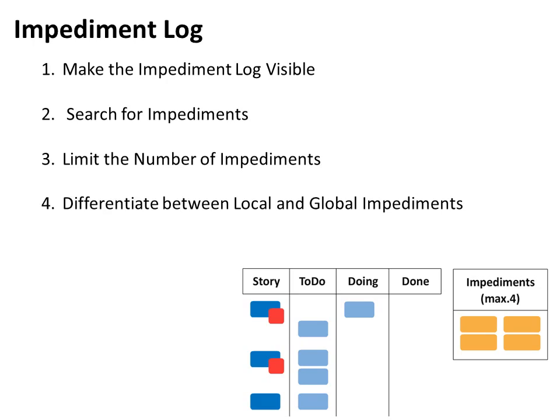Also define the difference between local and global impediments, and help the team resolve impediments. It shouldn't always be that the Scrum Master is the only one who's going to do it, but other times you can help the team try to solve their own problem. This is all working towards a self-managed state down the line.